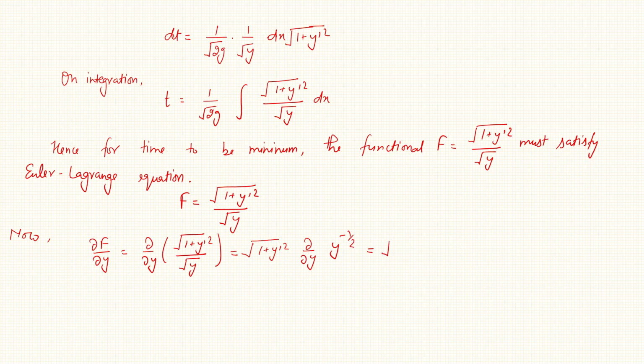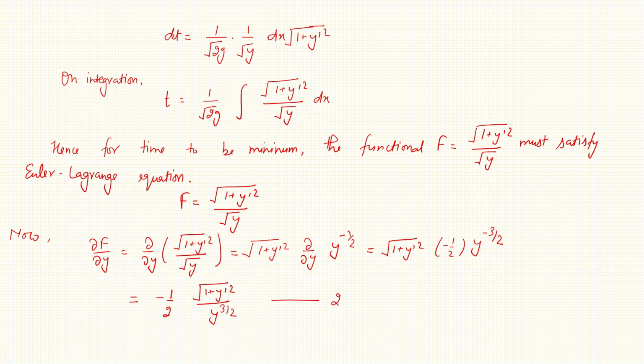This will be √(1 + y′²) into minus half into y to the power minus 3/2. It can also be written as minus 1/2 √(1 + y′²) divided by y to the power 3/2.